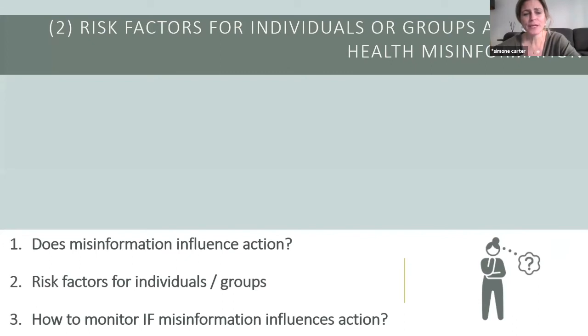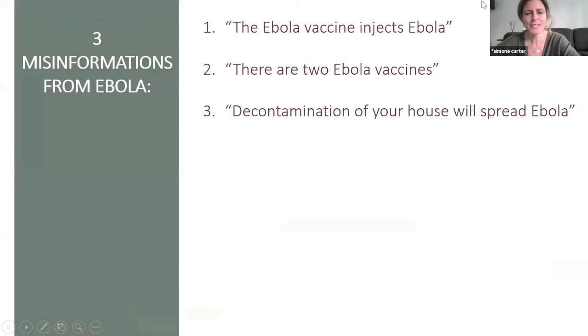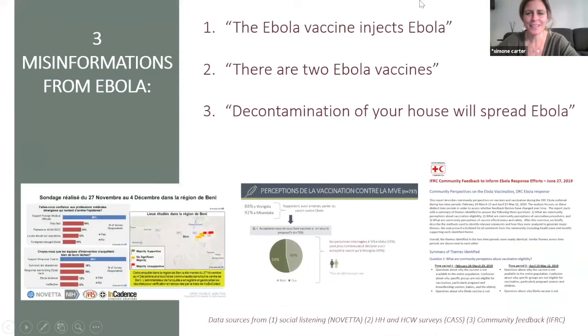So if we were thinking about risk factors, what are the risk factors that influence or could influence action on misinformation. I'm going to take you through a little case study example here. So we had 3 misinformations. These were three of the most common misinformations around Ebola. So the first was that Ebola vaccines inject Ebola.